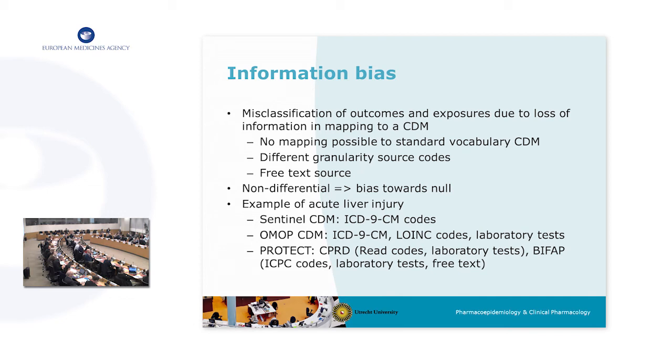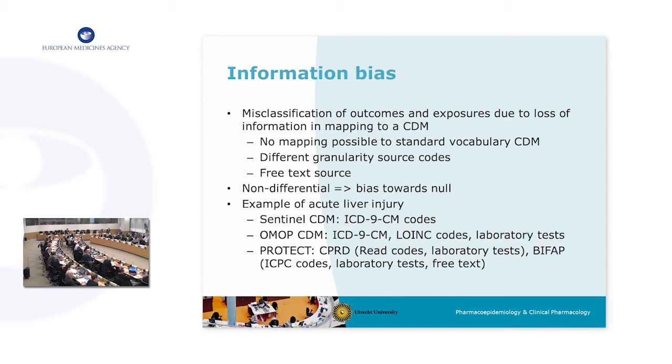but some of the possible mechanisms that we can imagine is that certain source codes are just not available in the common data model, so we cannot map them at all, or there's a different granularity in the source code. So some codes may be more granular and others may be less granular. So there may be some loss of information there, and also from free text, I think it may be difficult to completely map that to a common data model.